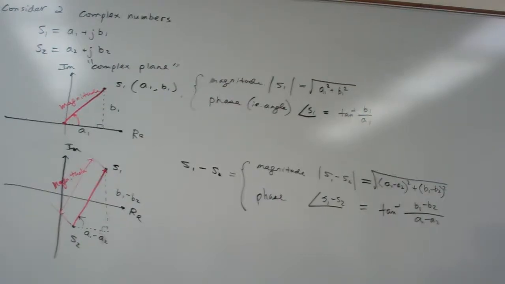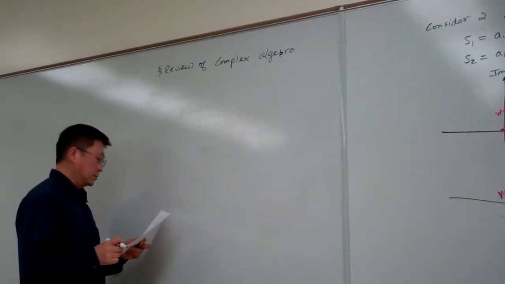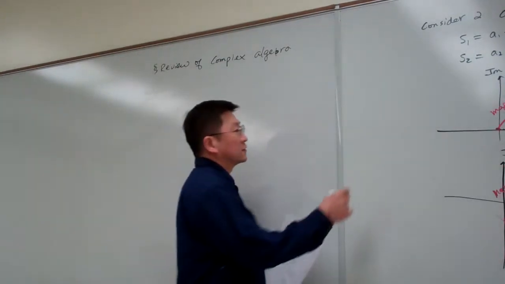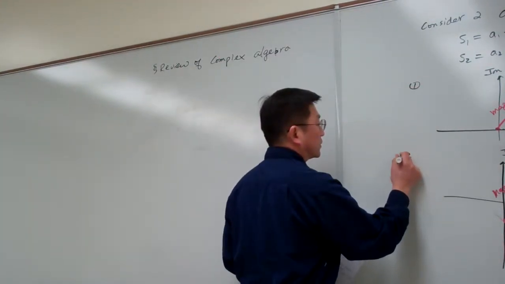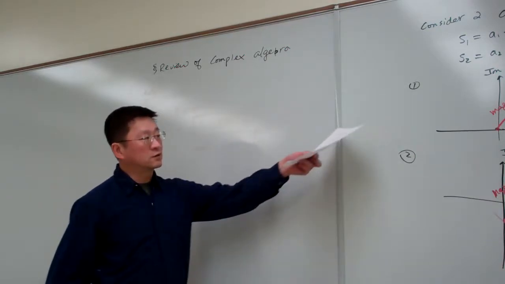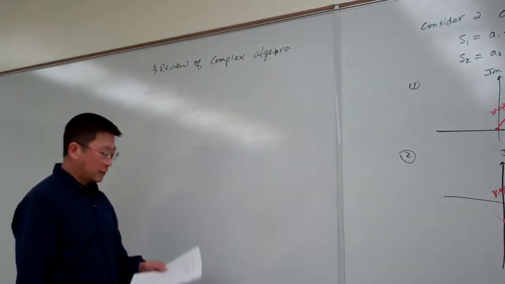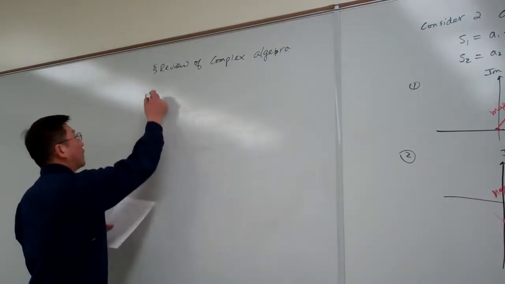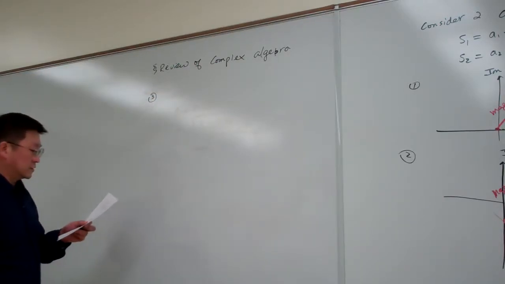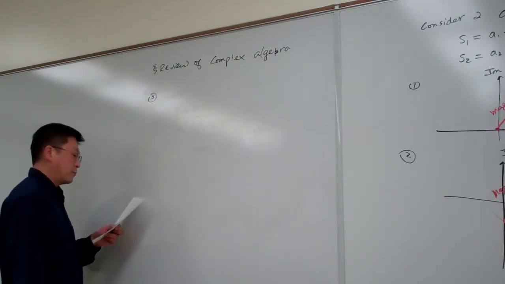Then we can look for further information. So that is the first one, and this is the second point. We started from a single number, then the subtractions, and the third one we consider is a polynomial.